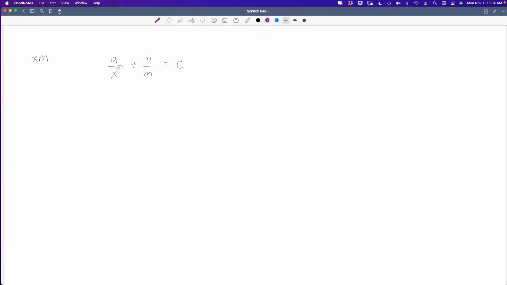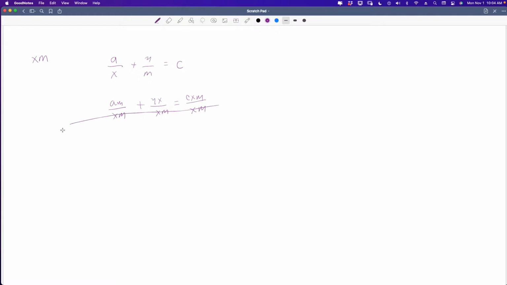So if we multiply this top and bottom by m, we get am over xm, right? Same thing here. We multiply this by x, we get yx over xm. And if we do it by this one, we get cxm over xm.